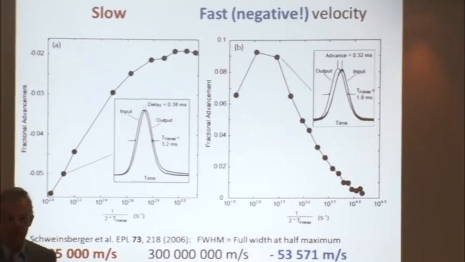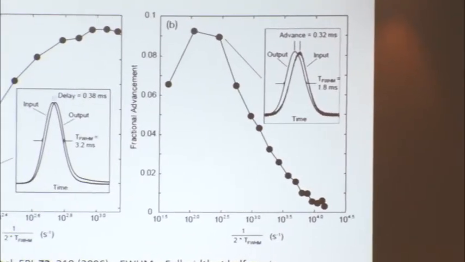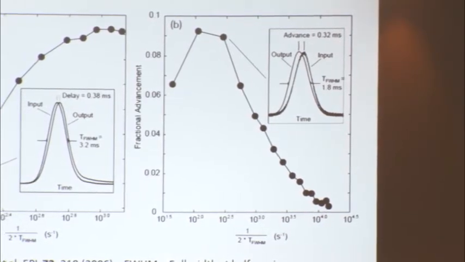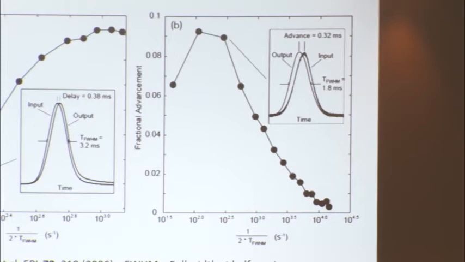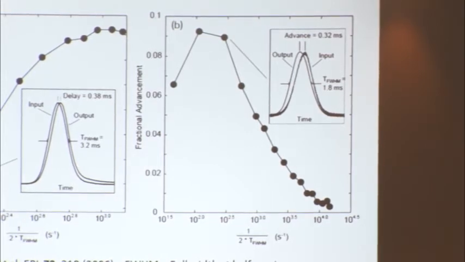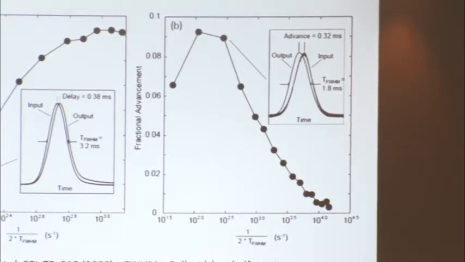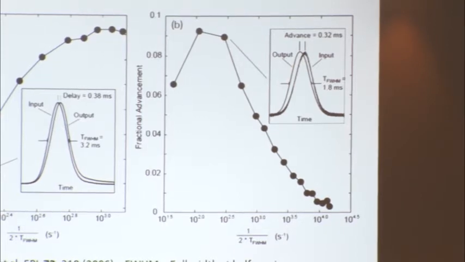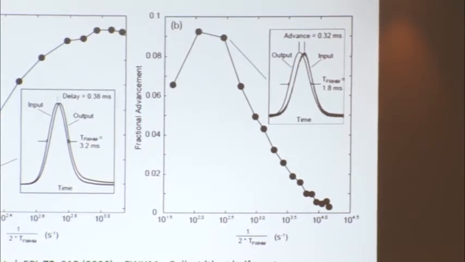And then the signal was amplified by stimulated emission from the metastable state. And here we see that the delay has a positive advance. That means the output is faster than the input.